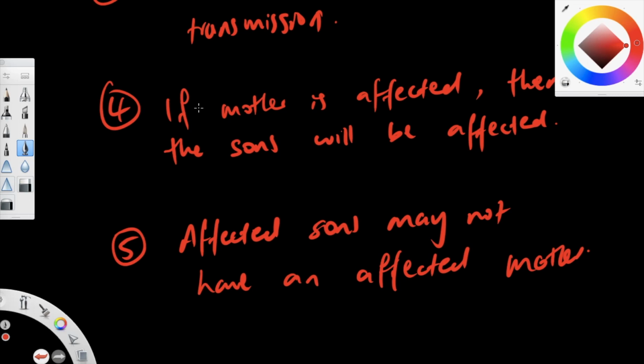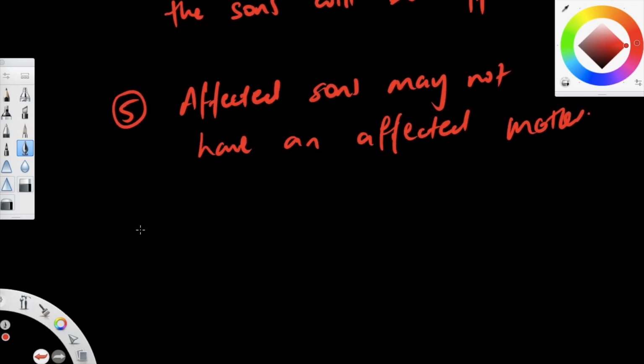Because the son gets his X chromosome from the mother. Whereas in this case, it's recessive, so therefore the mother could be heterozygous, like capital A, little a, right? And capital A overrides the little a, the recessive allele, which in this case is X-linked recessive. Therefore, the mother who's heterozygous would not exhibit the recessive trait that we are concerned about.